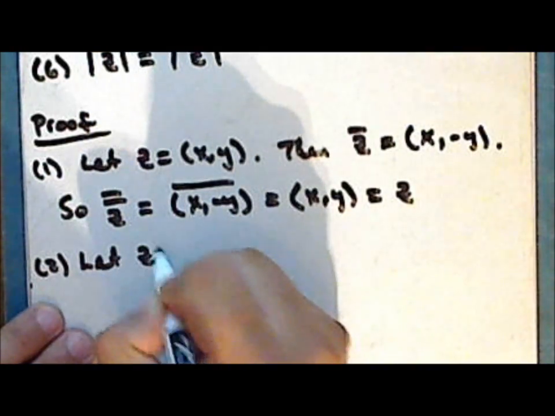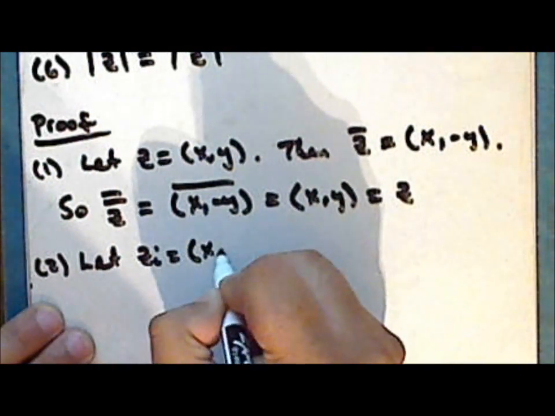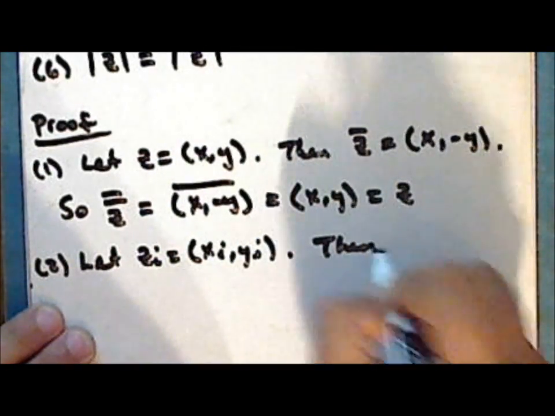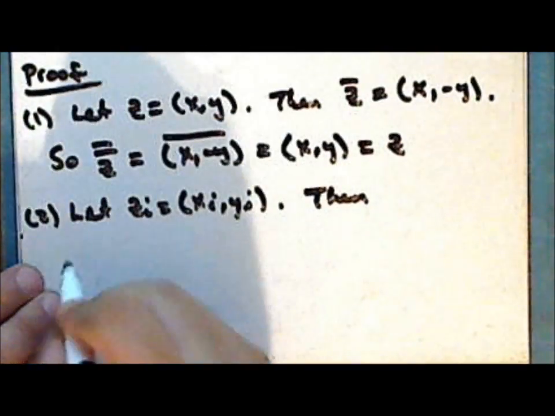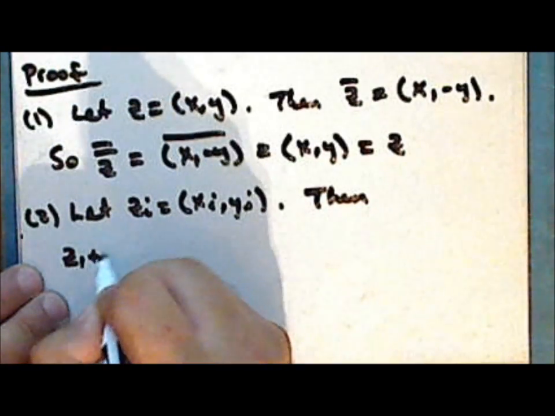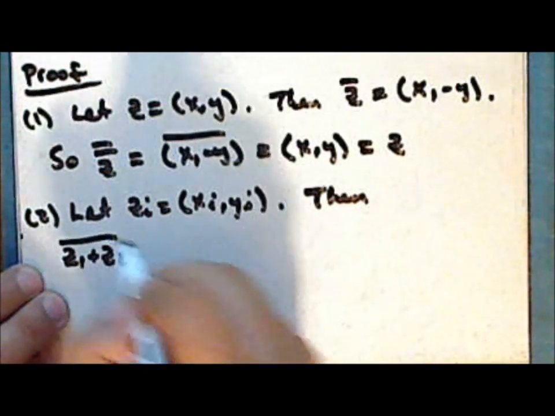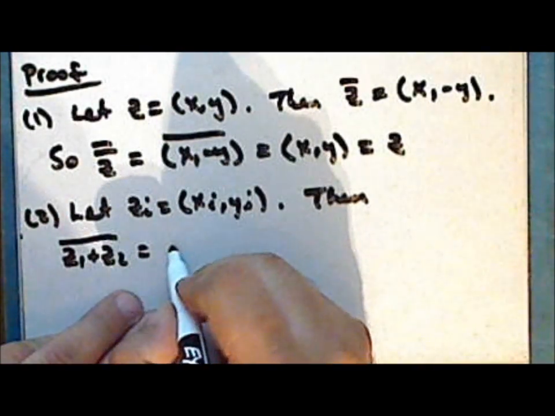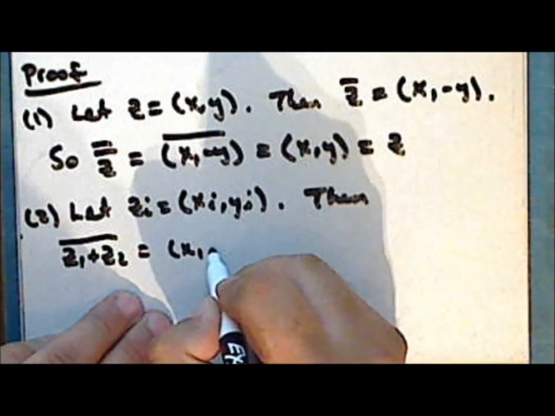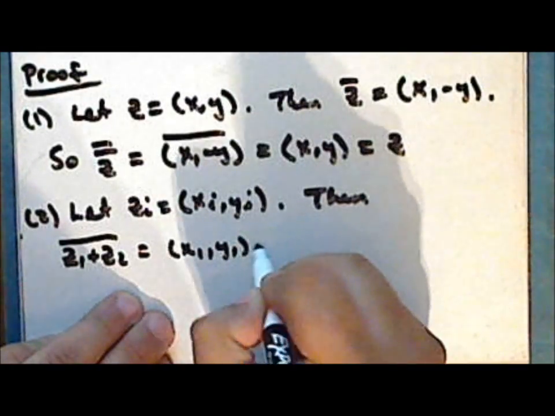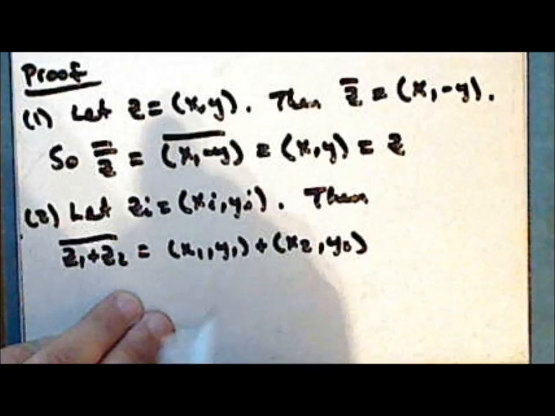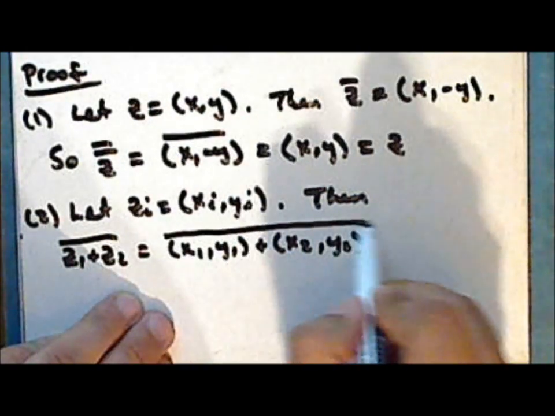Let z sub i be the ordered pair (x sub i, y sub i). Then the conjugate of the sum, z1 plus z2, is the conjugate of the sum of ordered pairs (x1, y1) with (x2, y2).